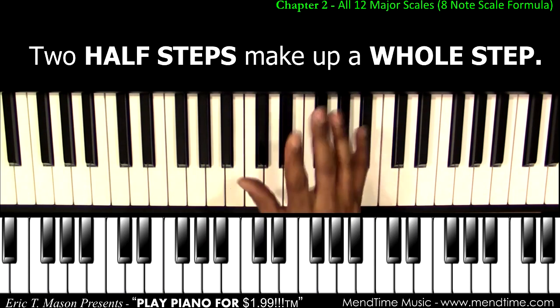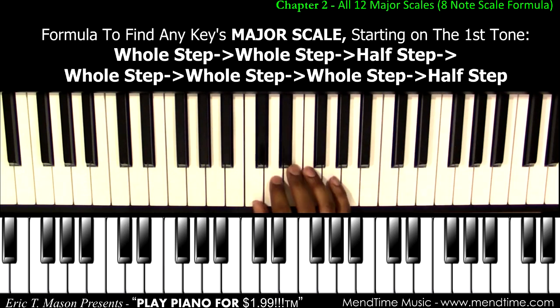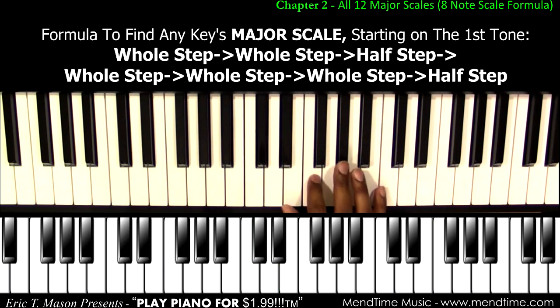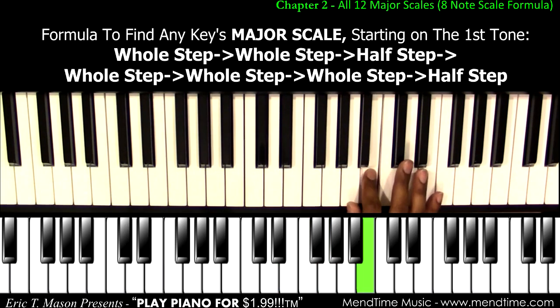So the formula for learning all 12 keys goes this way. Whole step, whole step, half step, whole step, whole step, whole step, half step.